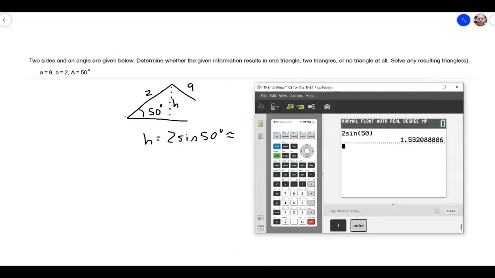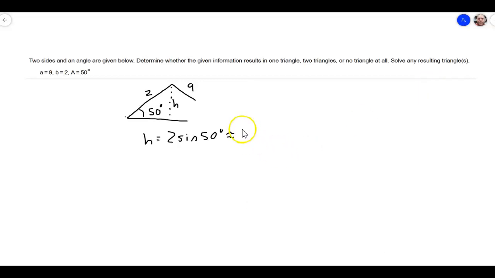Let me just double check. 2 times, yes, 1.53. All right. So that means that this height is 1.53. And this 9 here is greater than this height. And it's also greater than this B here, which means that I'm going to have a single triangle.